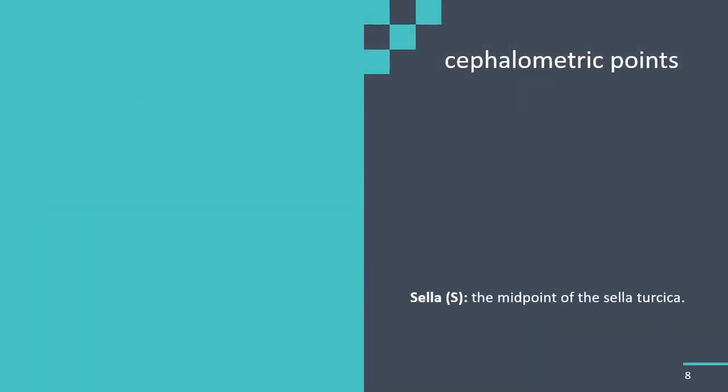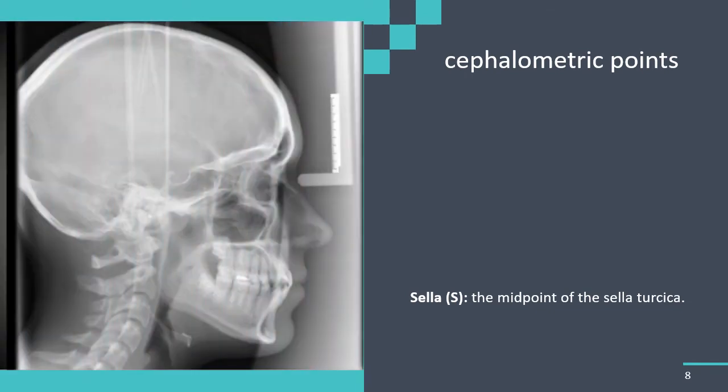The most important points that appear in the lateral radiograph: first is the sella, and here it appears in the radiograph, the midpoint of the sella turcica, and it is called the sella or the S point.